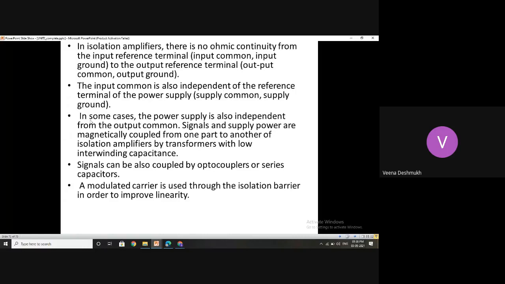They don't reach the output end, because only the modulated signal with the respective frequency band is going to reach the output end, not the other signals or nearby frequencies which are interfering with the measurement. They are going to be isolated. This happens only in the case of AC measurements.